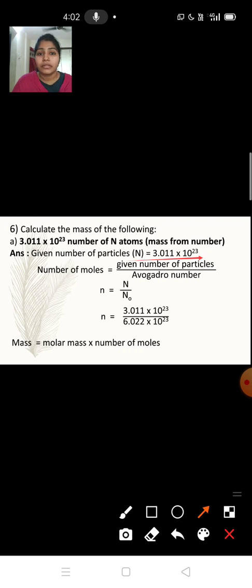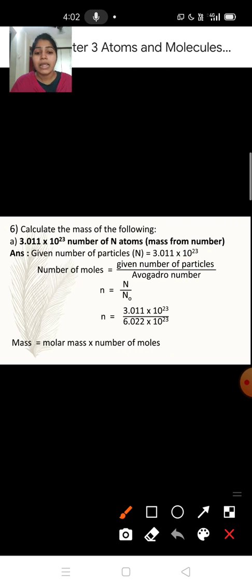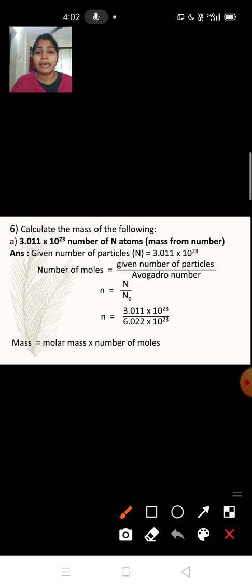Now the formula for finding mass is molar mass into number of moles. Now over here we don't know number of moles, right? What we know is only capital N, that is number of particles. So first what we will do? First we will find number of moles. Now to find number of moles, the formula is given number of particles upon Avogadro number.